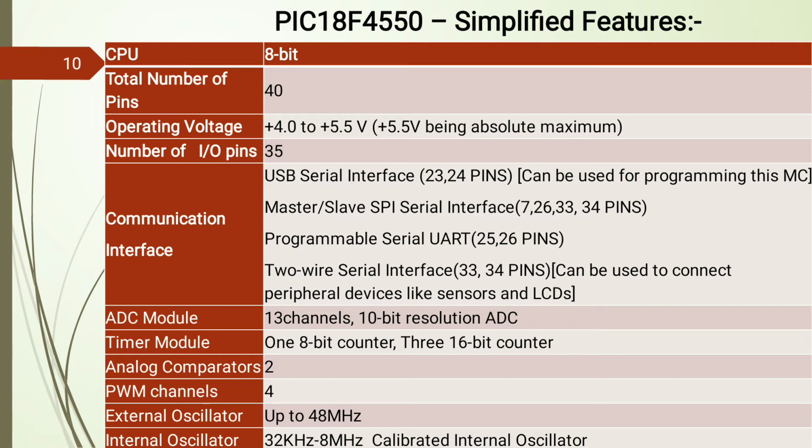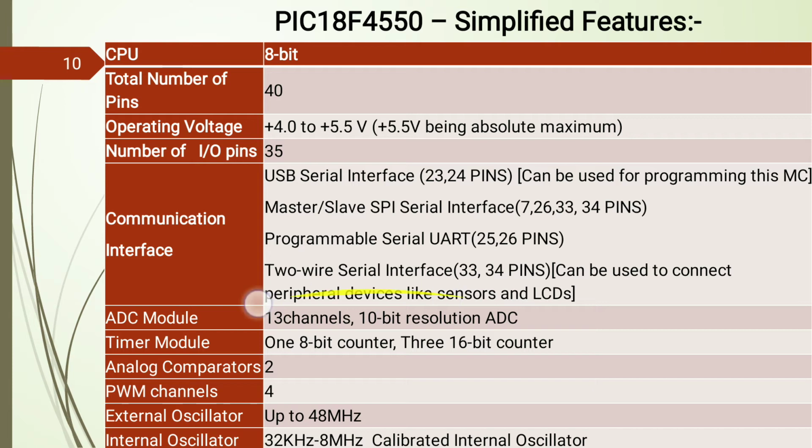The external crystal oscillator connected has a capacity of 48 megahertz, which is quite enhanced, as in the earlier version it is 20 megahertz. And here an internal oscillator is also available with a range of 32 kilohertz to 8 megahertz, which is not available in the earlier version. So it is again an additional feature of the PIC18F microcontroller.